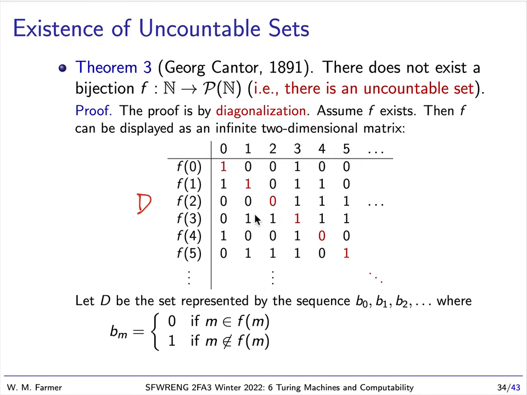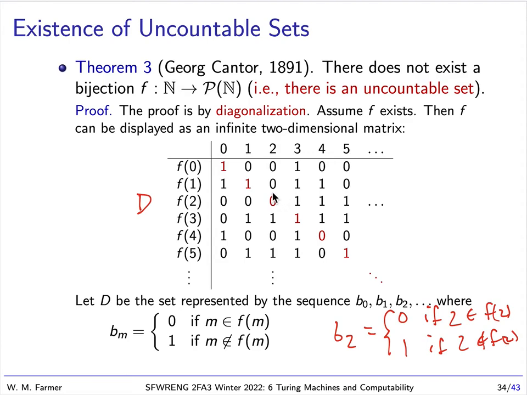If D's here, then we know that, according to this, 2 is not in the set D. But what does B2 say? B2 says that this is 0 if 2 is a member of F2, and it's 1 if 2 is not a member of F2.